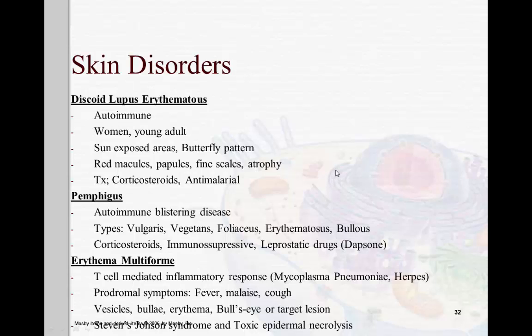Then let's talk about erythema multiforme. Erythema multiforme is also an autoimmune disorder. It's a T-cell mediated inflammatory response characterized by target or iris skin lesions. Diagnosis is basically clinical.